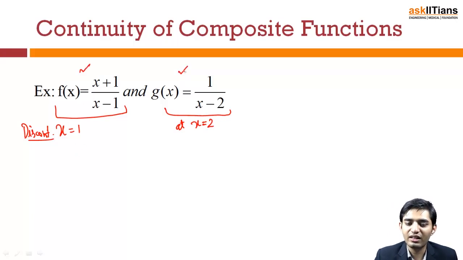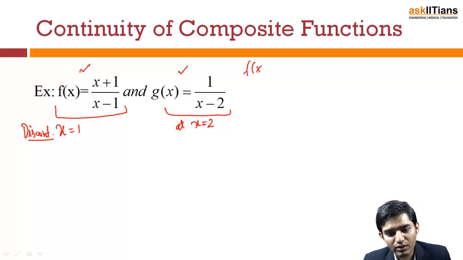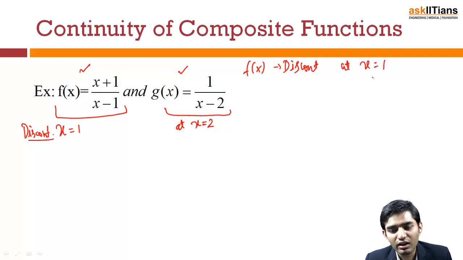And g(x) is discontinuous at x equal to 2. So let me write down here: f(x) is discontinuous at x equal to 1 and g(x) is discontinuous at x equal to 2.